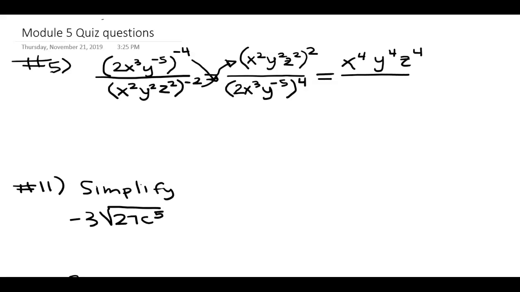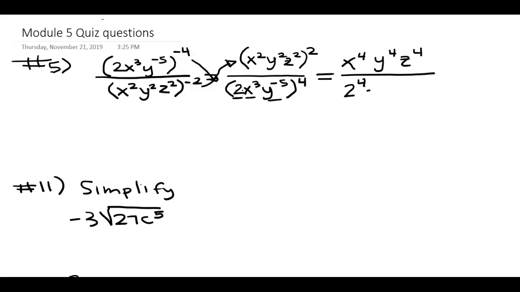and then on the bottom, I'm going to distribute my power of 4 through to everybody, and make sure you remember 2 is given a power, x to the third is given a power, and y to the negative fifth. For some reason that 2 gets forgotten about, but it is separate and we need to do that. So we'll have 2, I'm just going to write it right now as 2 to the fourth power, so you can remember that's what we did.